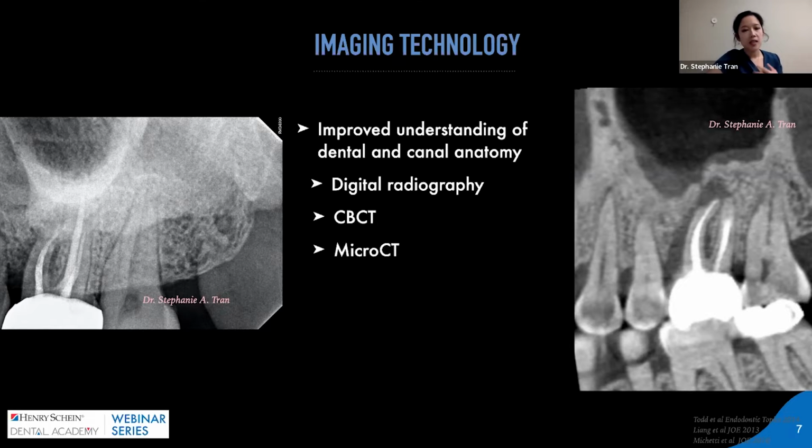So micro CT is a lot like a CBCT, but the slices are even thinner and the resolution is even higher. So it's like a super, super, super high powered CT machine. However, it can only be used for extracted teeth. So if you see a lot of the literature out there, that's going to be what it's about. Now, specifically, we're going to be discussing digital radiography and cone beams.